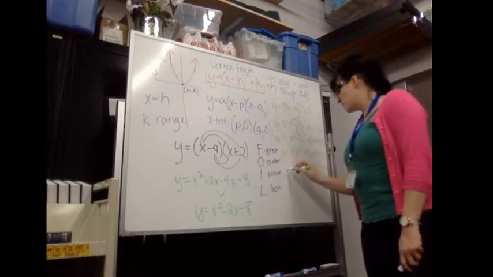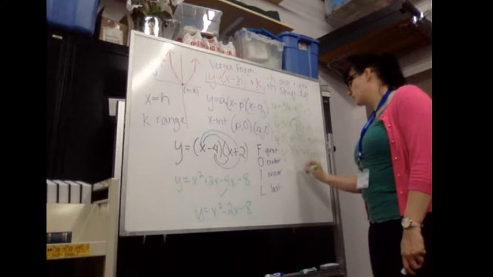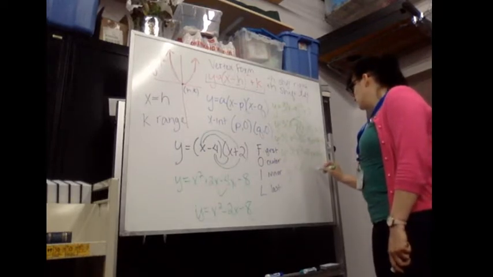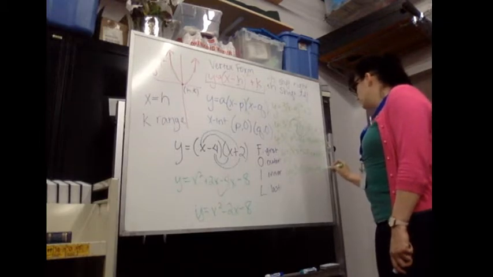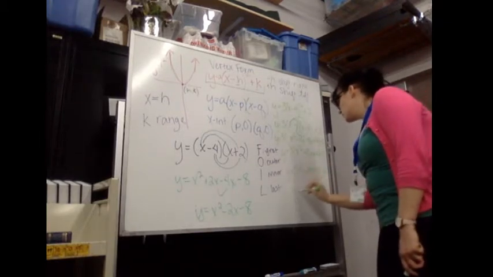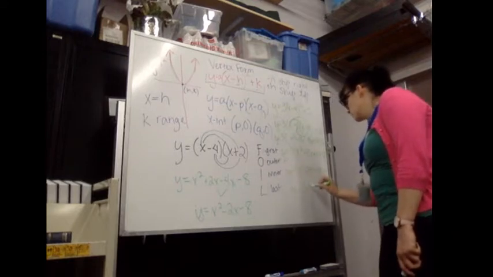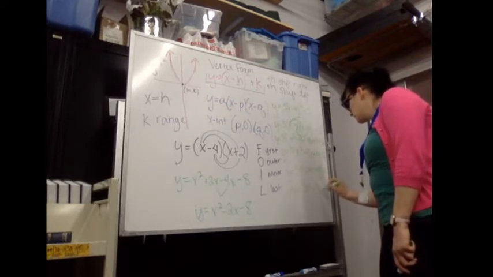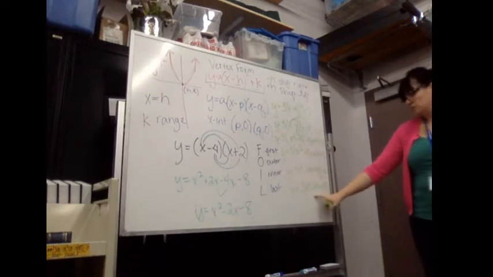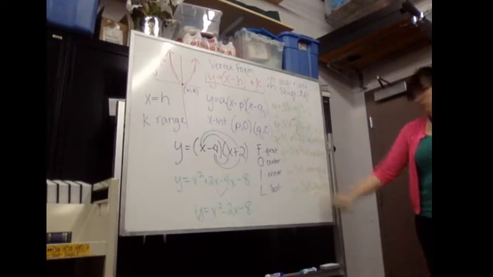So that's going to give me, distributing my 3 now, 3x squared minus 24x plus 48 plus 2, combining my like terms, y equals 3x squared minus 24x plus 50. Where my a is 3, my b is -24, and my c is 50.